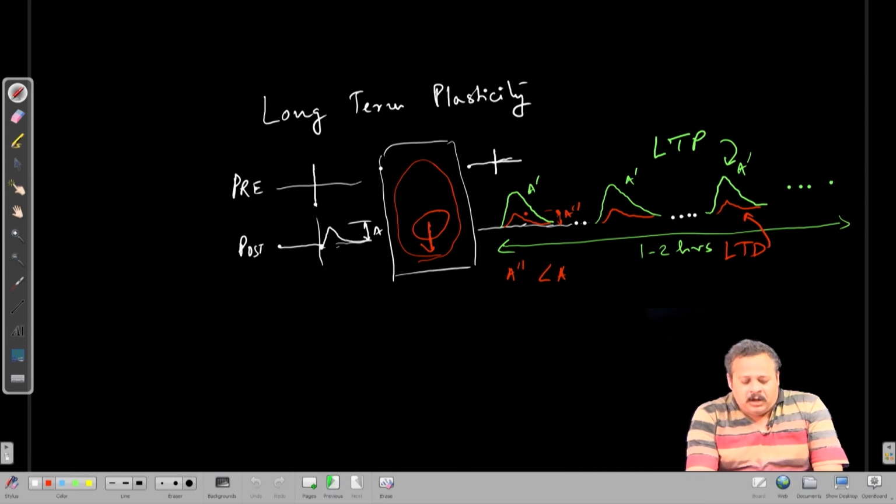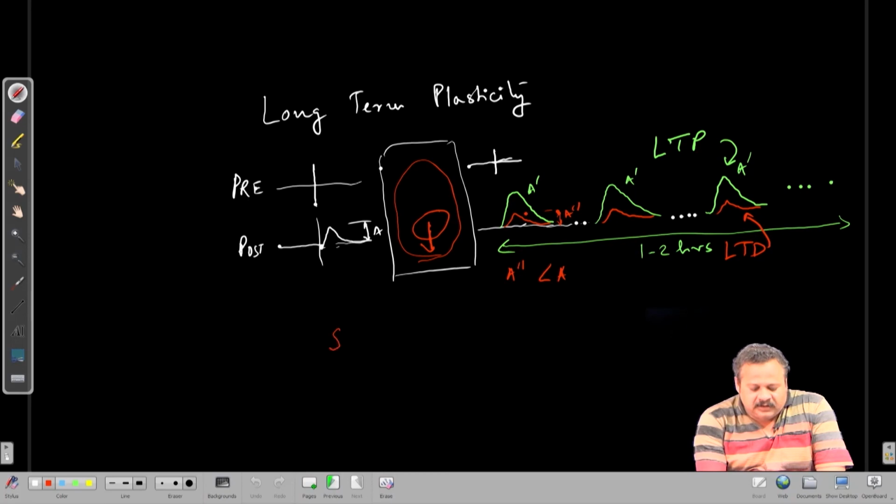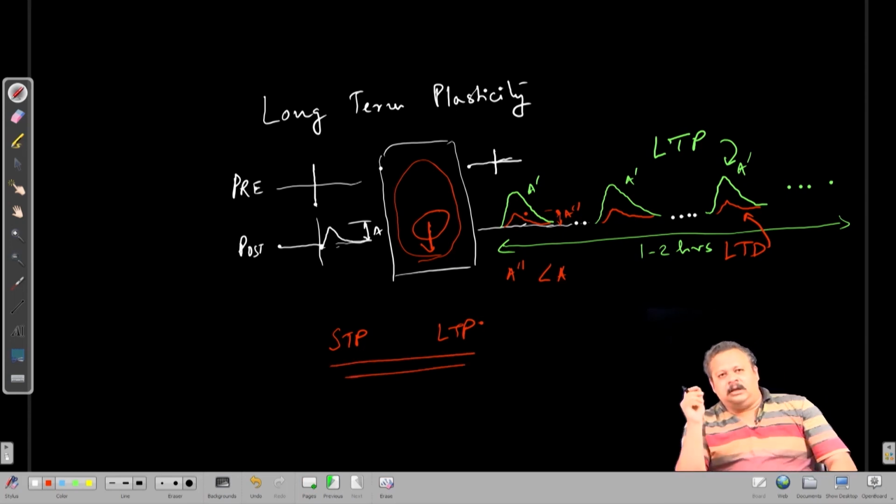So next we will go on to more detailed discussions of short term plasticity and long term plasticity, and will be modeling each of them in order to implement them in networks which will be adaptive in nature, which will be learning based on activity.